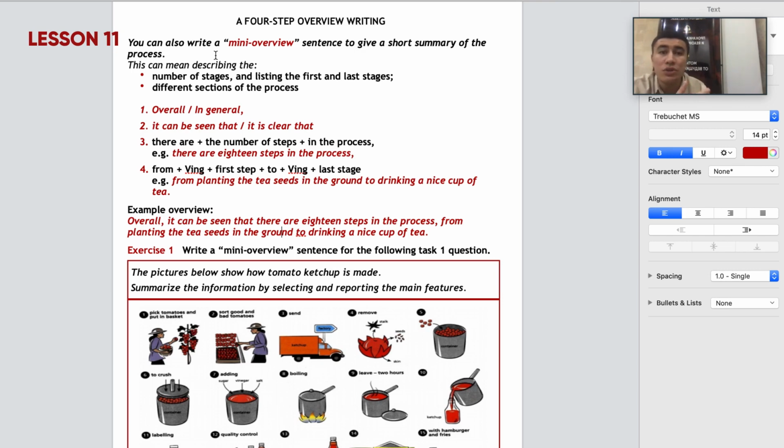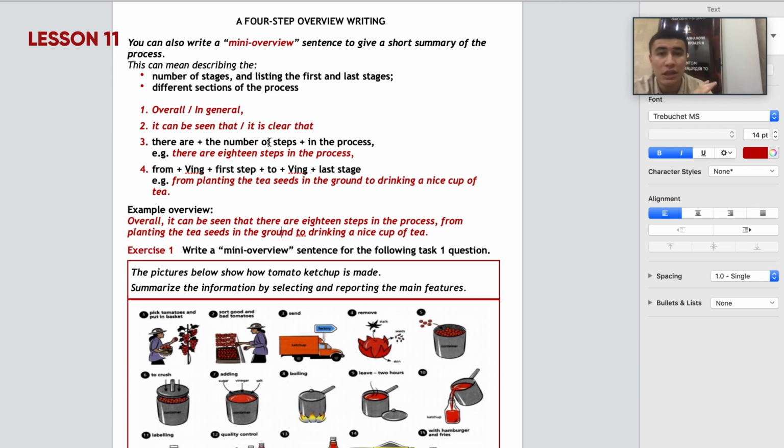So how should we start? Overall or in general. This is how you start your overview. Remember that these words are followed by a comma. Then it can be "it is clear that".